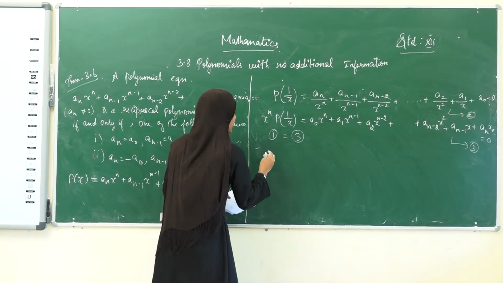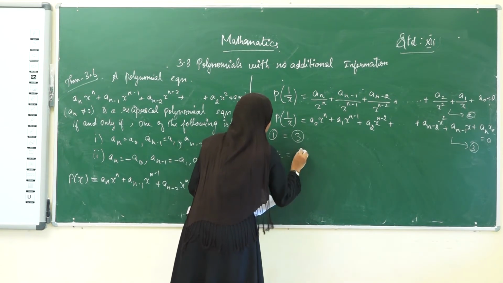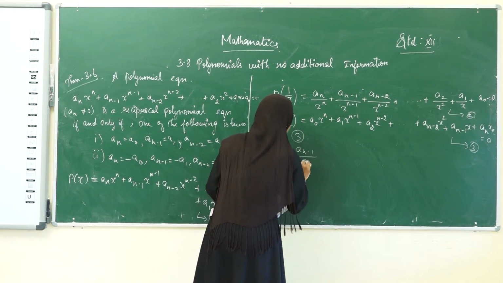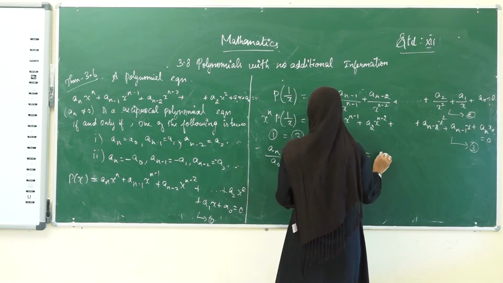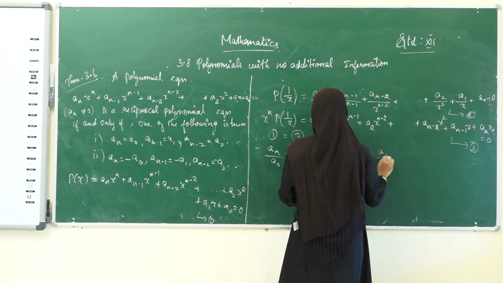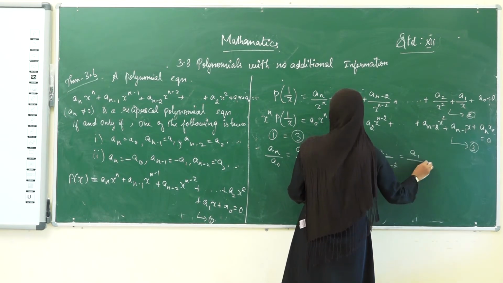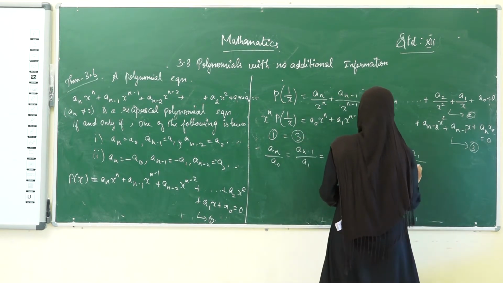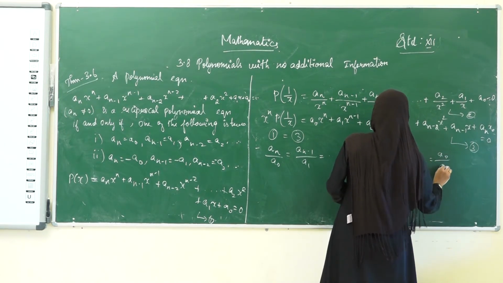We can write this as a n divided by a naught equal to a n minus 1 divided by a1 will be equal to up to a2 divided by a n minus 2, a1 divided by a n minus 1, equal to a naught divided by a n.